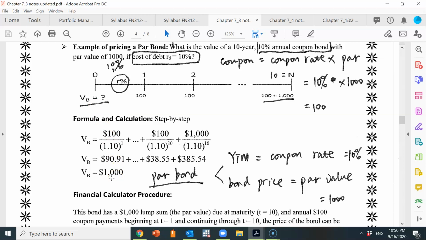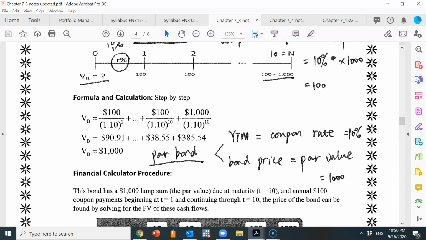An alternative way to solve this question is to use our financial calculator, because this bond has a 1,000 lump sum or par value due at maturity when t equals 10, and we have annual 100 coupon payments beginning at t equals 1 and continuing through t equals 10.